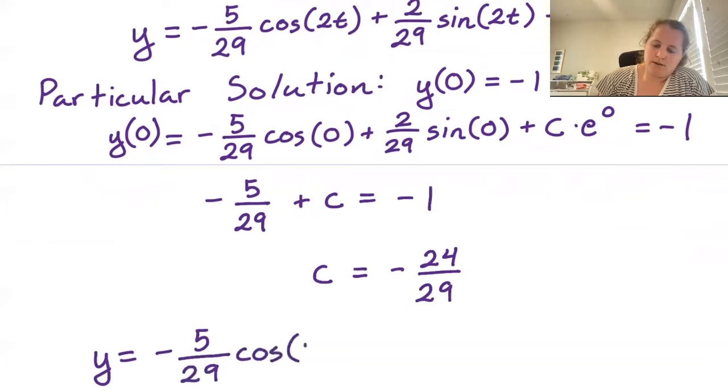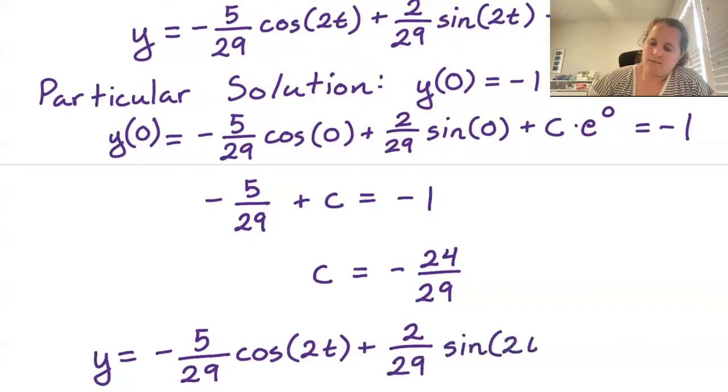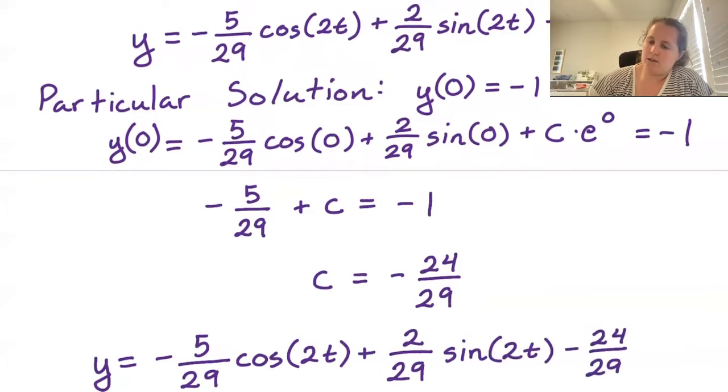And so our solution would be y is equal to negative 5/29 cosine of 2t plus 2/29 sine of 2t minus 24/29 times e to the 5t. So there is our particular solution.